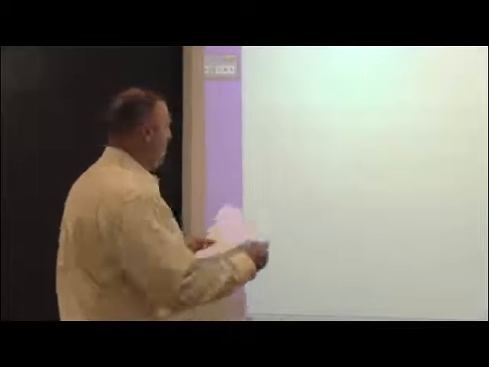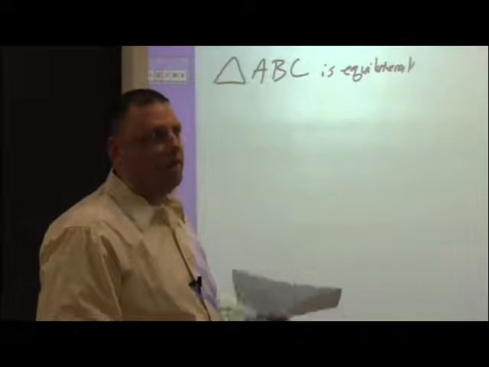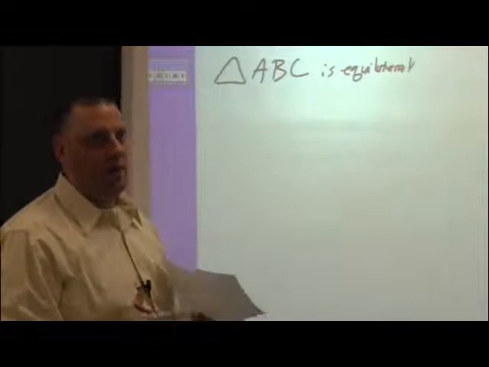So say I give you triangle ABC, and I want to say it's equilateral. Which means what? All sides are congruent. And if it's equilateral, we also know it's equiangular.